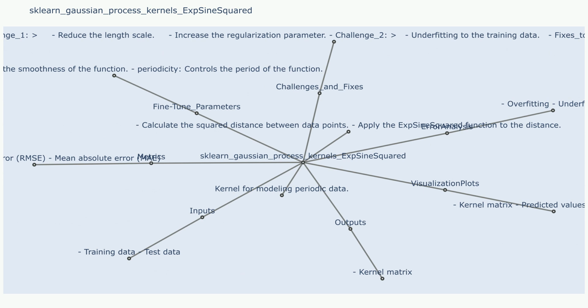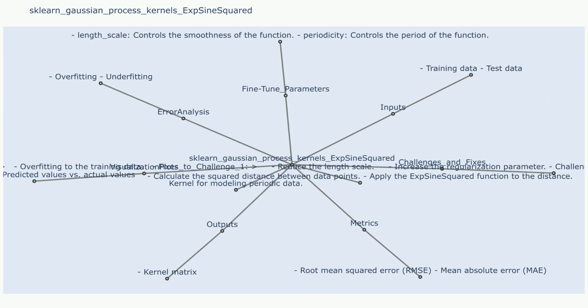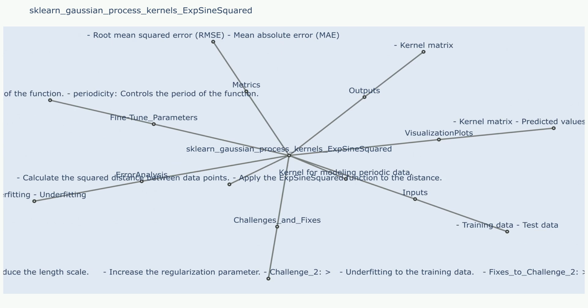Inputs: x1, the first input point, a one-dimensional array or scalar. x2, the second input point, a one-dimensional array or scalar. Outputs: k, the kernel value between the 2 input points, a scalar. Steps: calculate the squared distance between the 2 input points, (x1 - x2)^2. Divide the squared distance by twice the squared length scale, (x1 - x2)^2 / (2 * length_scale^2). Take the exponential of the result.